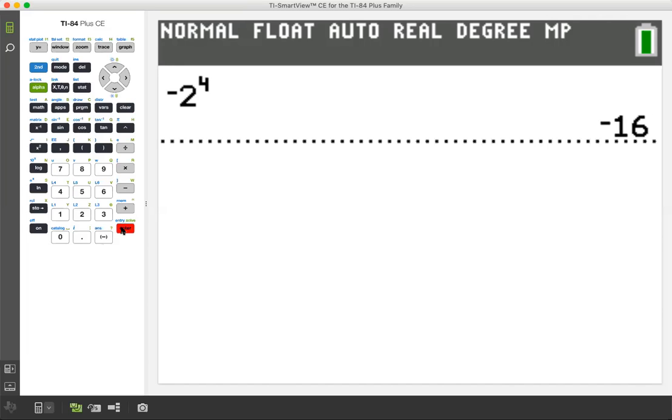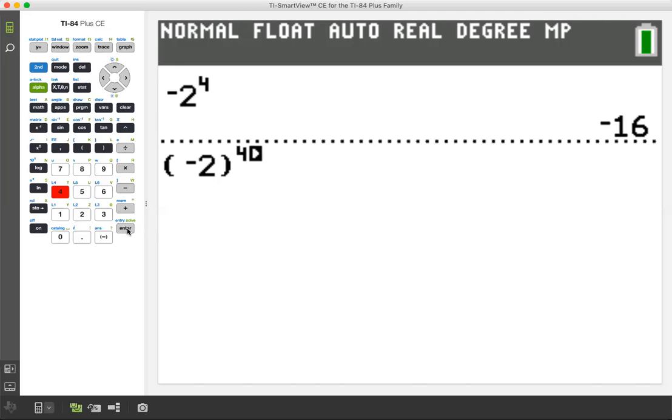Letter B is different because it has parentheses. So on my calculator, I'm going to place parentheses. And then I'm going to hit -2, and end my parentheses. Still using the caret, and I'm using a 4. So you can see the difference between the two problems, parentheses versus no parentheses.